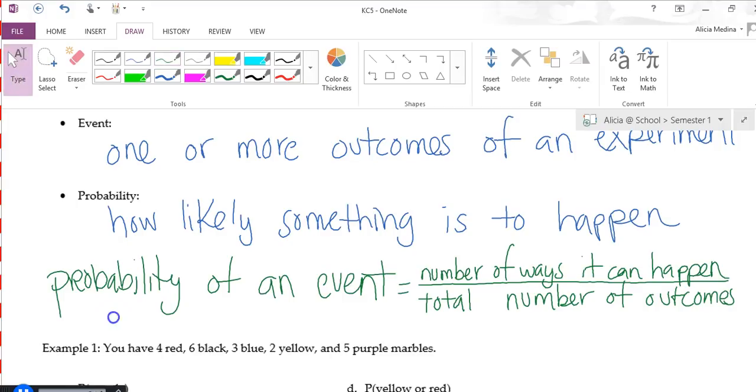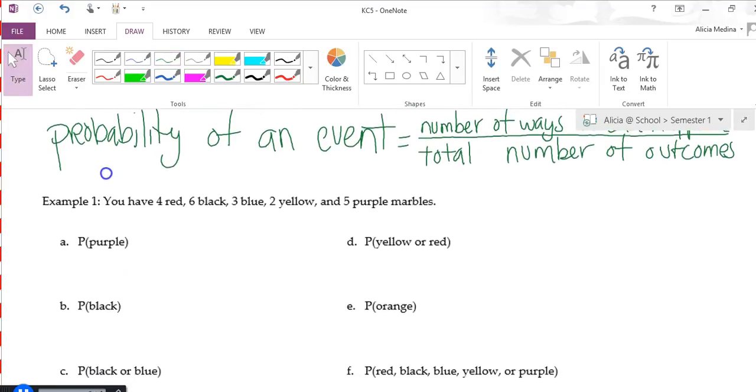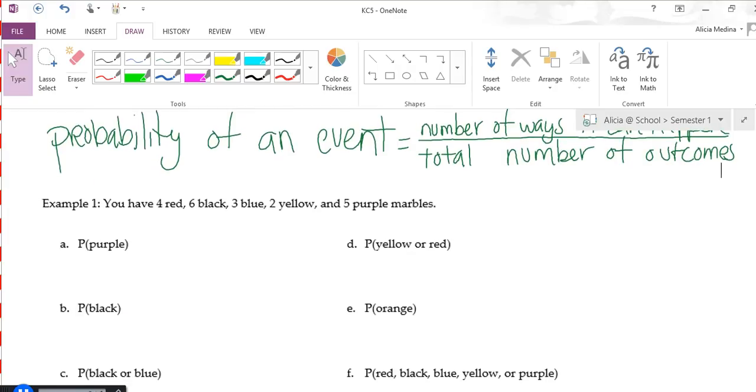All right, so let's practice some of these. Looking at example number 1, I'm going to leave what I wrote up there just so you can see what goes where. You have 4 red marbles, 6 black, 3 blue, 2 yellow, and 5 purple marbles. So what I would suggest is figure out what the total is.